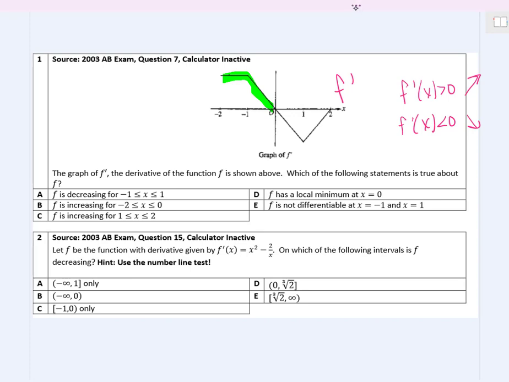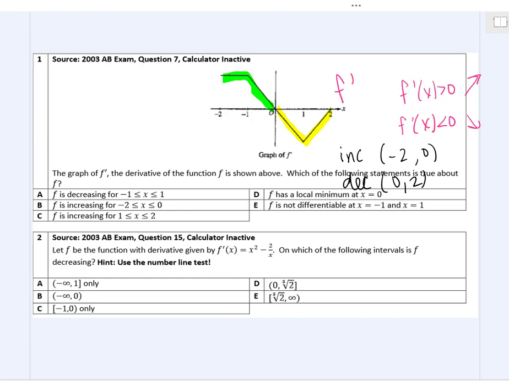And then we are negative all the way from 0 to 2. So we just need to find a statement that matches that. So we are increasing from, what is that, negative 2 to 0, decreasing from 0 to 2.